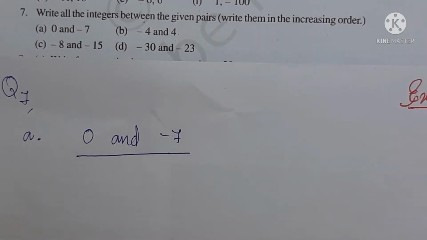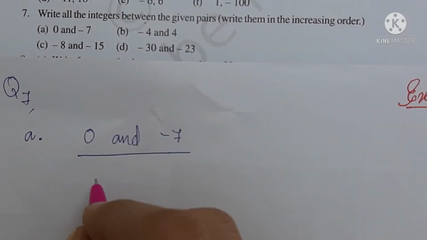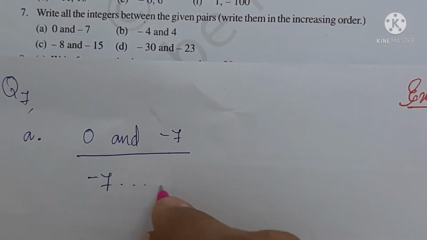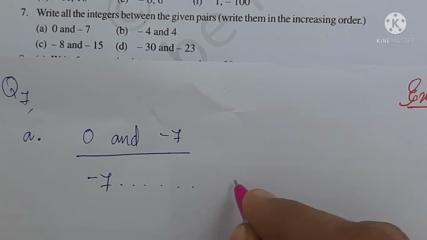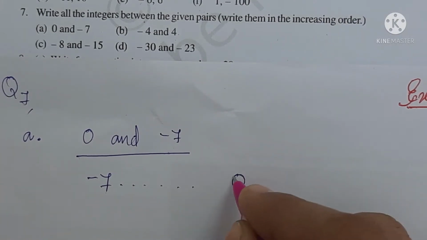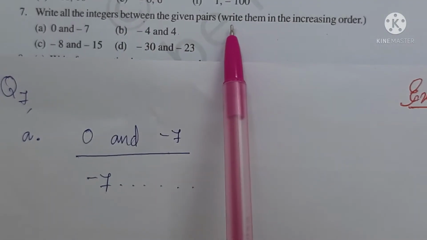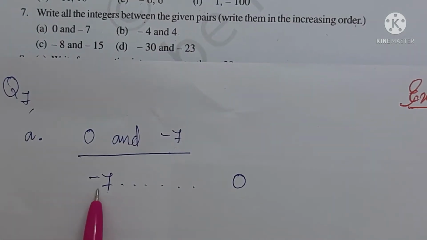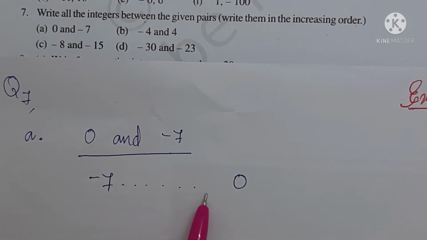So you can first write the smaller one, minus 7, and find the integers between minus 7 and 0. The question specifically says to write them in increasing order, so first write the smaller one and go through in increasing order, then go to the greater one, that is 0.